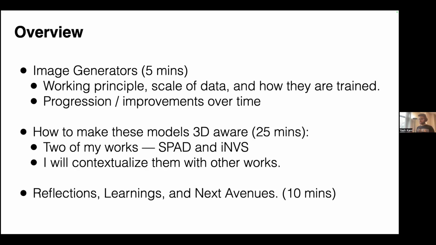So this will probably take 25 minutes. I will talk about two of my works, which are SPAD and Imvs, and I will contextualize these works in the context of other works that have also existed in this space. After this, I'll conclude with some reflections and learnings from this research.